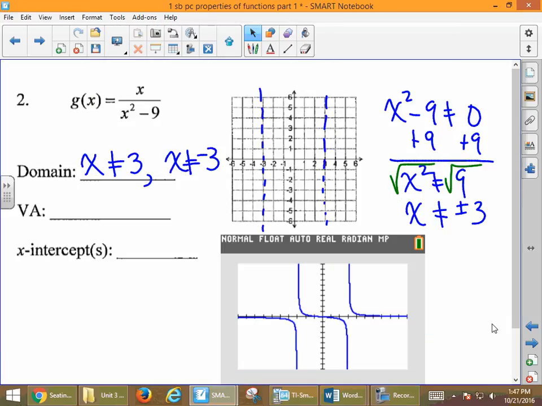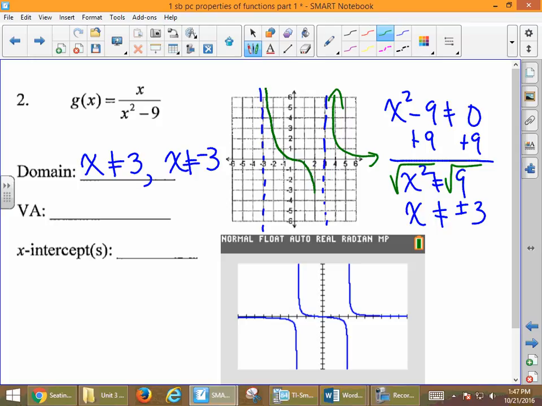But the nice thing here, as I draw just a real rough graph of this, the nice thing about domain is that the domain and the vertical asymptotes have some things in common.